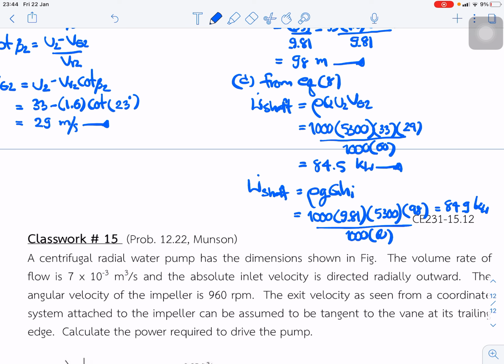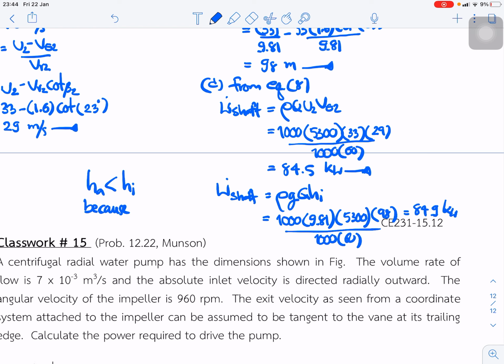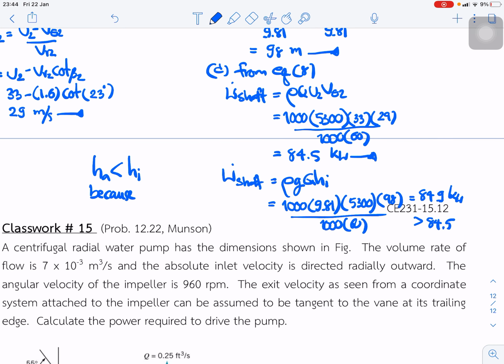We can show that H actual is a little bit less than H rise, because this one, 89, is greater than 84.5. Okay, so H actual is less than H rise because of the energy loss.